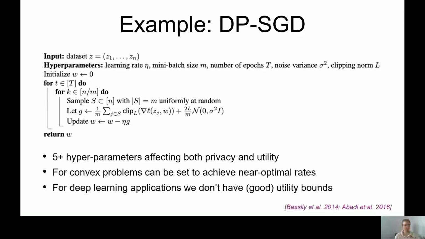Even if we only care about a fixed level of privacy, there are many ways in which we can achieve it. We can increase the level of noise, decrease the clipping norm, and we can do other things as well. So how to pick the hyperparameters so we can get the best utility with such actions, even for a fixed epsilon? Our work is a step towards answering this question.